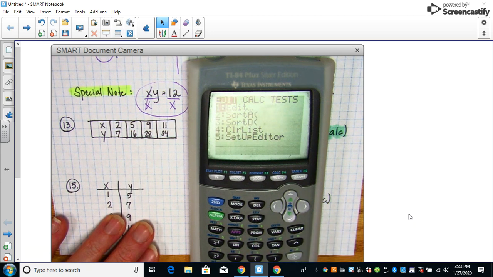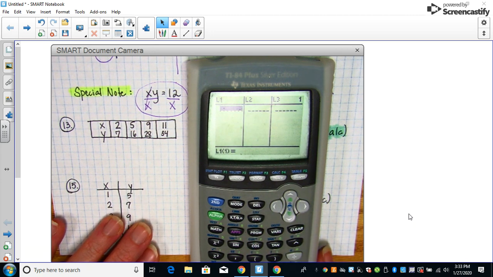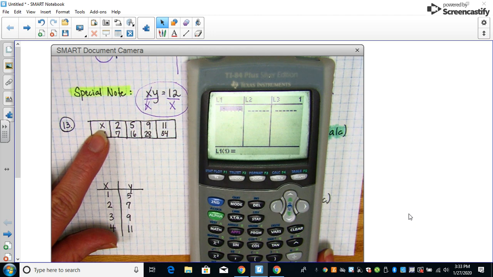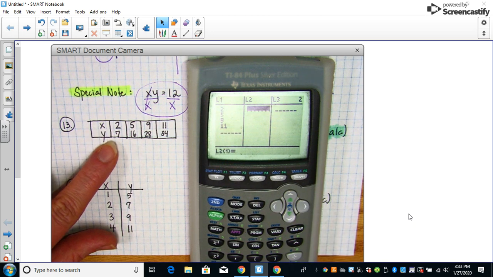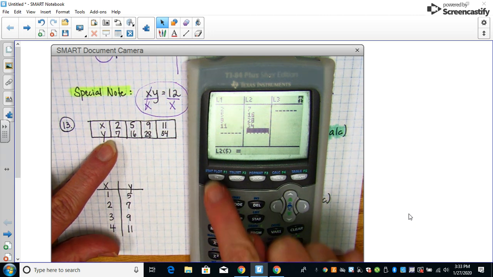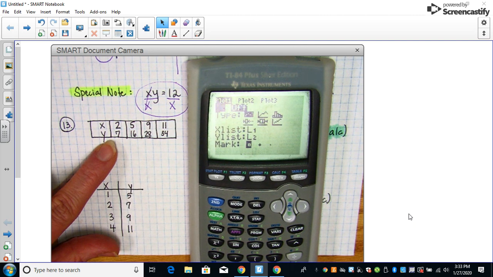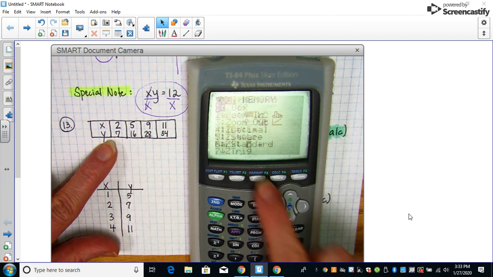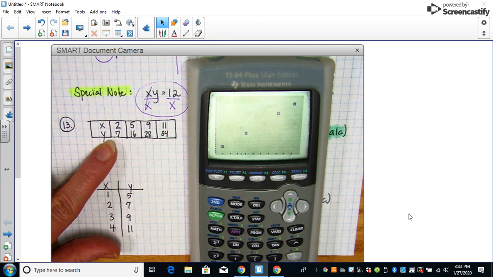I'm going to press Stat Edit, and I enter in the L1s under for your X's, so 2, 5, 9, and 11. Your L2s are your 7, 16, 28, and 34. Now remember to turn it on. We have to press second y equals and enter twice, and then we go ahead and press zoom 9, and it looks like it's a straight line. It looks pretty straight to me.